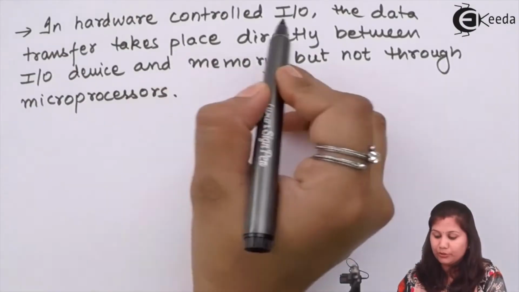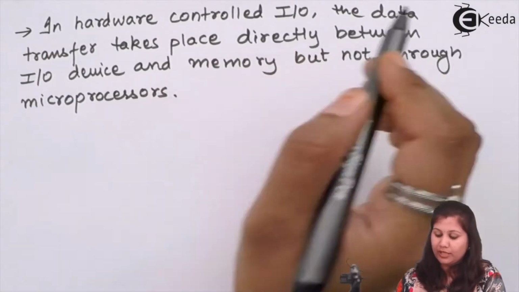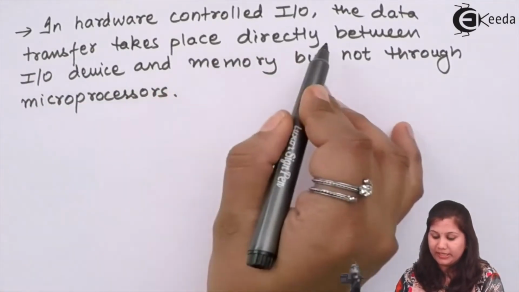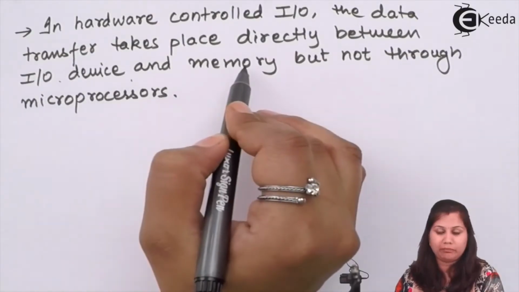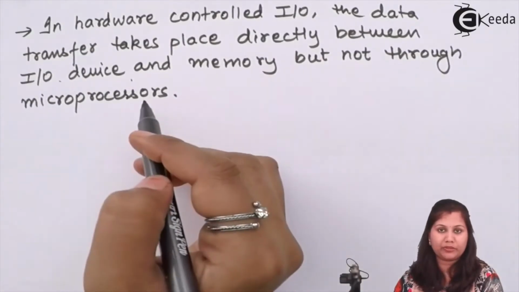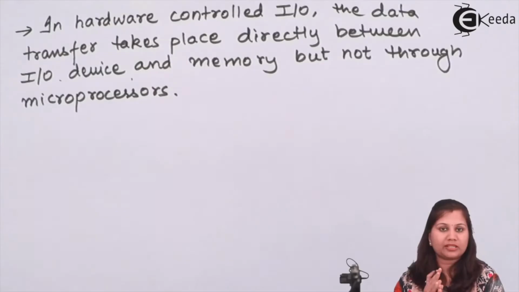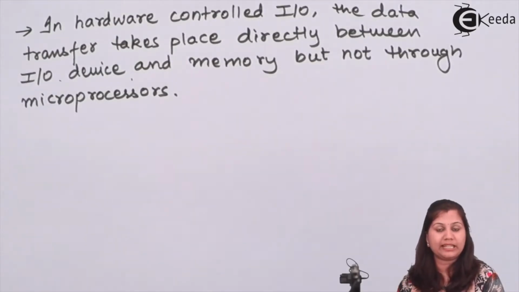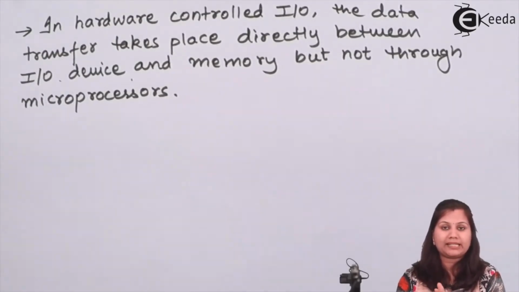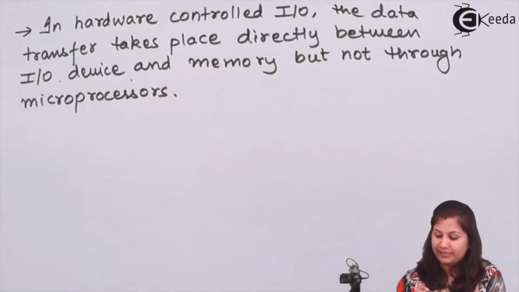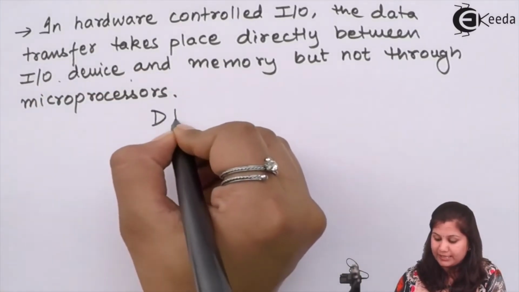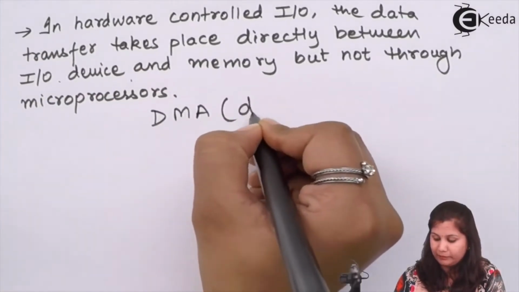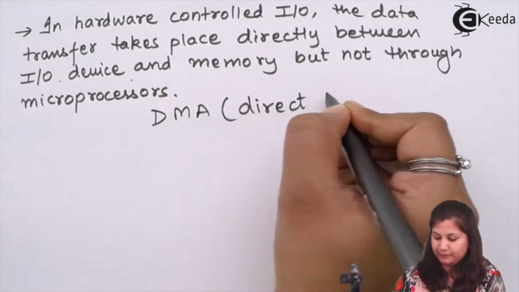So in hardware controlled input output data transfer, the transfer takes place directly between the input output device and memory, but not through the microprocessor. So through the microprocessor, the transfer is not taking place directly. The memory will be accessed by the input output device. That is why it is also known as DMA, that is direct memory access.